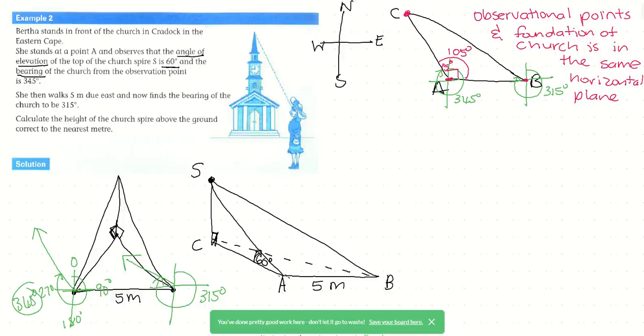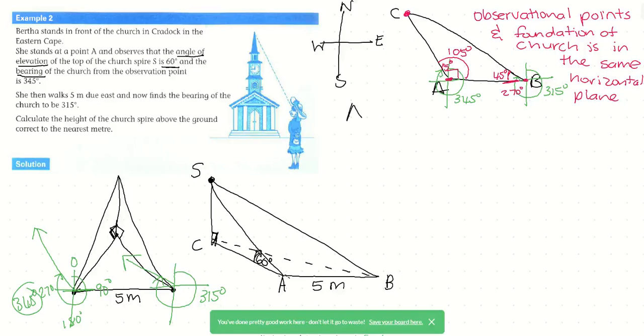Over here, I have 315 degrees. So I want to figure out what this angle size is. Now, I know that this line is 270. And how do I get from 270 to 315? Well, I add 45 degrees to it. Now, that's mathematically shown on the diagram. I'm going to show you how to write it out.